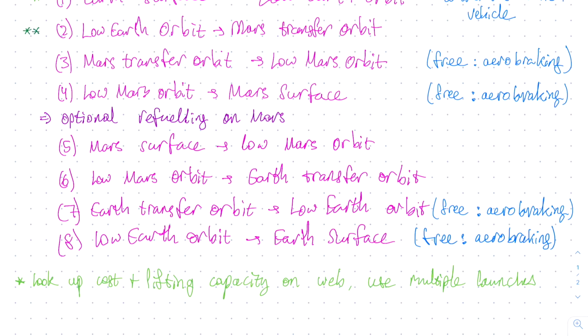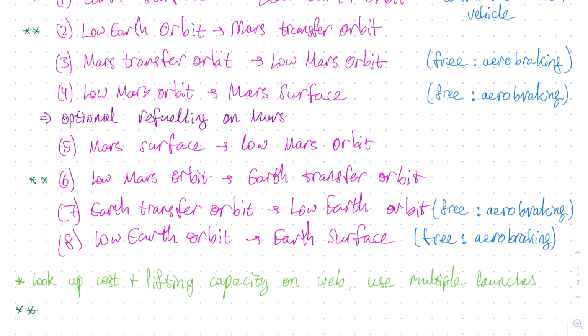Injecting the spacecraft into a transfer orbit requires a bit more thought. So for maneuver number 2 and maneuver number 6, we need to do a similar kind of calculation, and that will be the main topic that we will discuss in the remainder of the video. We will take a two-step approach.